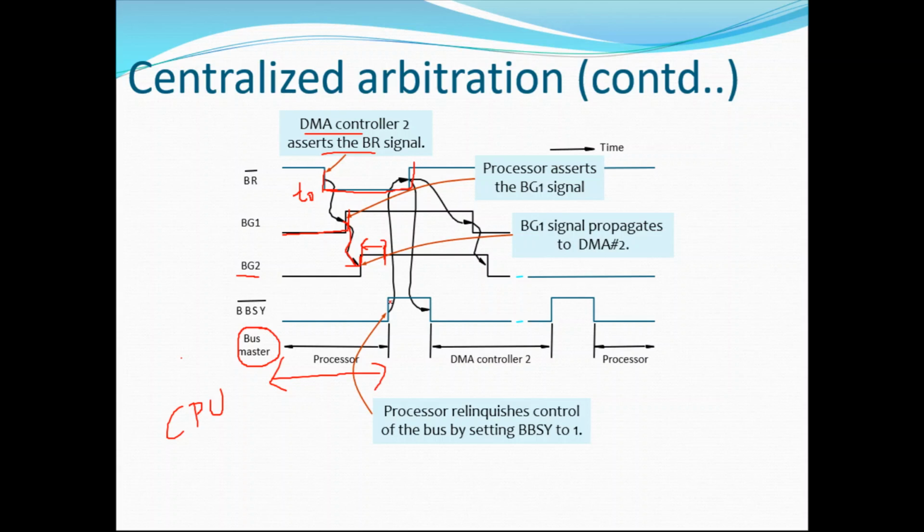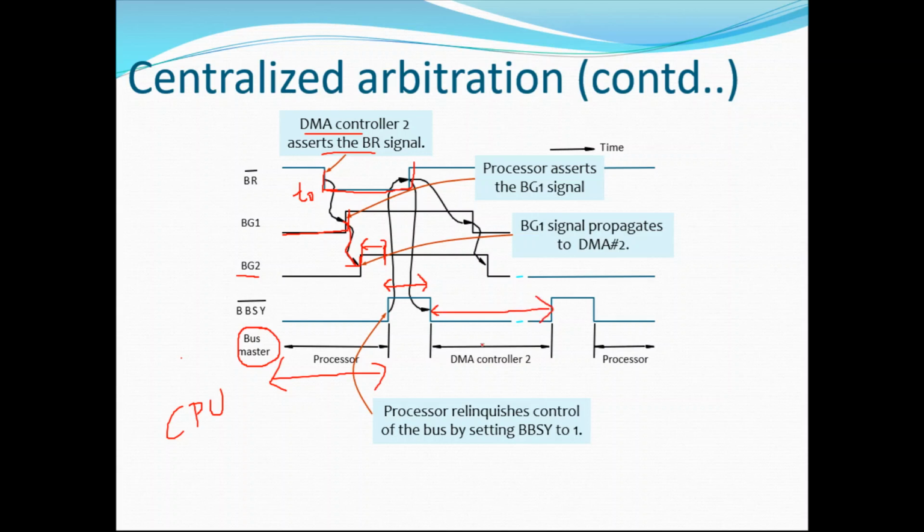Now DMA2 should claim the bus, so it takes over the bus. Taking over also takes some time. Now the bus is with DMA controller 2, and DMA controller 2 is the bus master.